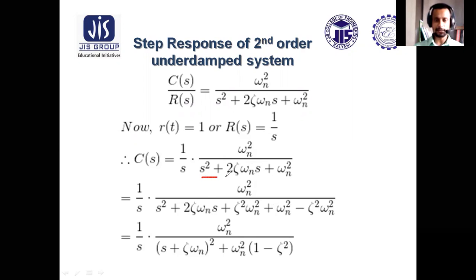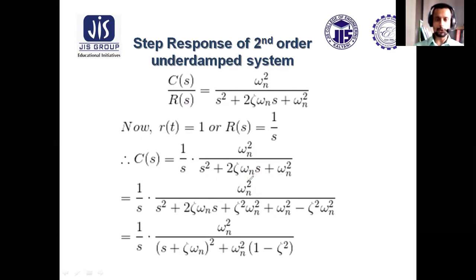Now see, this part is written here. We have taken two extra quantities, plus zeta square omega n square minus zeta square omega n square. Why have we taken this? I'll come to this later.